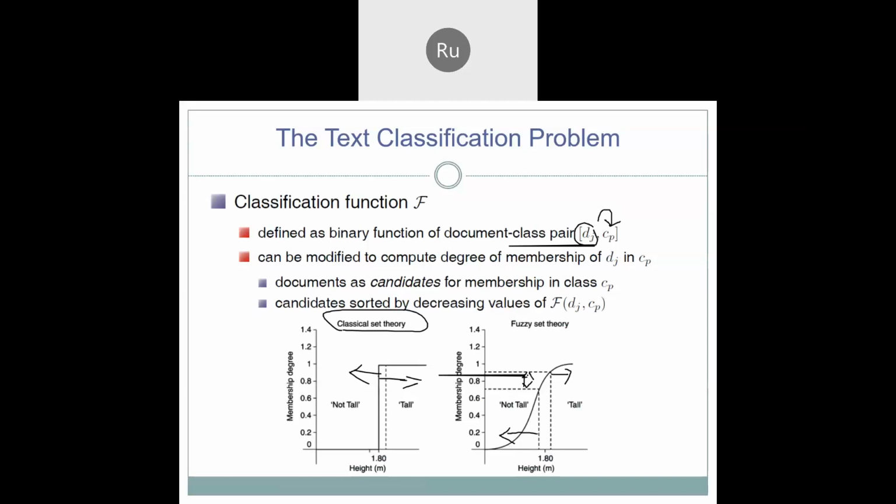But when we compare to the classical set theory, the answer is two only, tall or not tall, so binary classification. So from the classical set theory, we can expand to fuzzy set theory, which uses the membership degree.